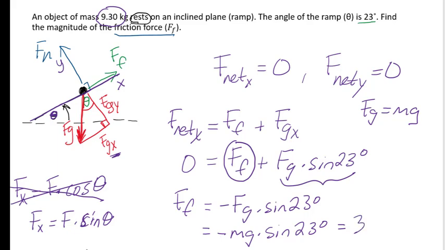And I get 35.6 for some other digits, so maybe 35.6 newtons for the friction force. That would be positive. We got a positive answer, which tells us that the direction is up the ramp. Down the ramp would be negative.